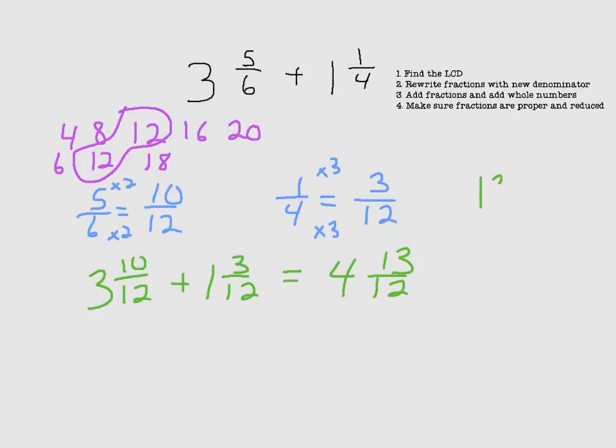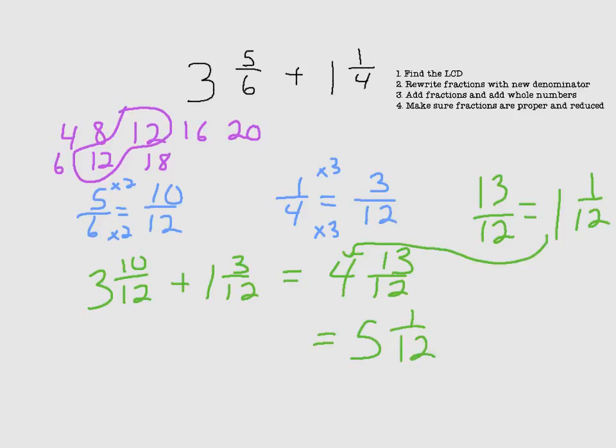So I'm going to write over here 13 over 12 is equal to a whole group of 1, and then there's 1/12 left over. So we're going to rewrite 4 3/12 as 5, because we're taking the 1 and adding it to the 4, and then our 1/12 is left over.